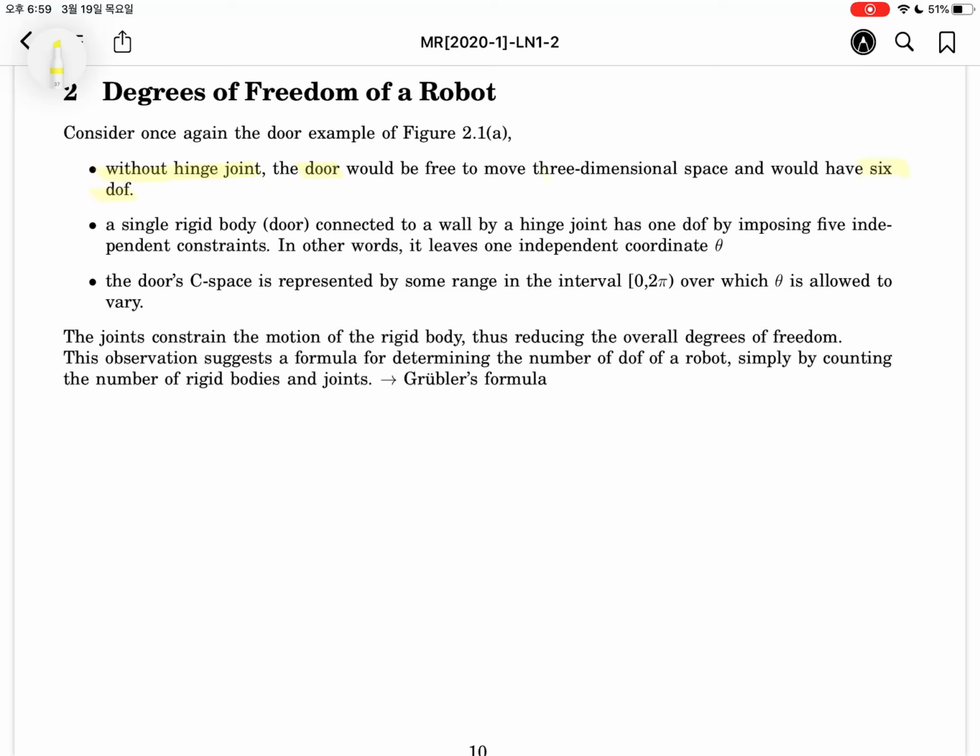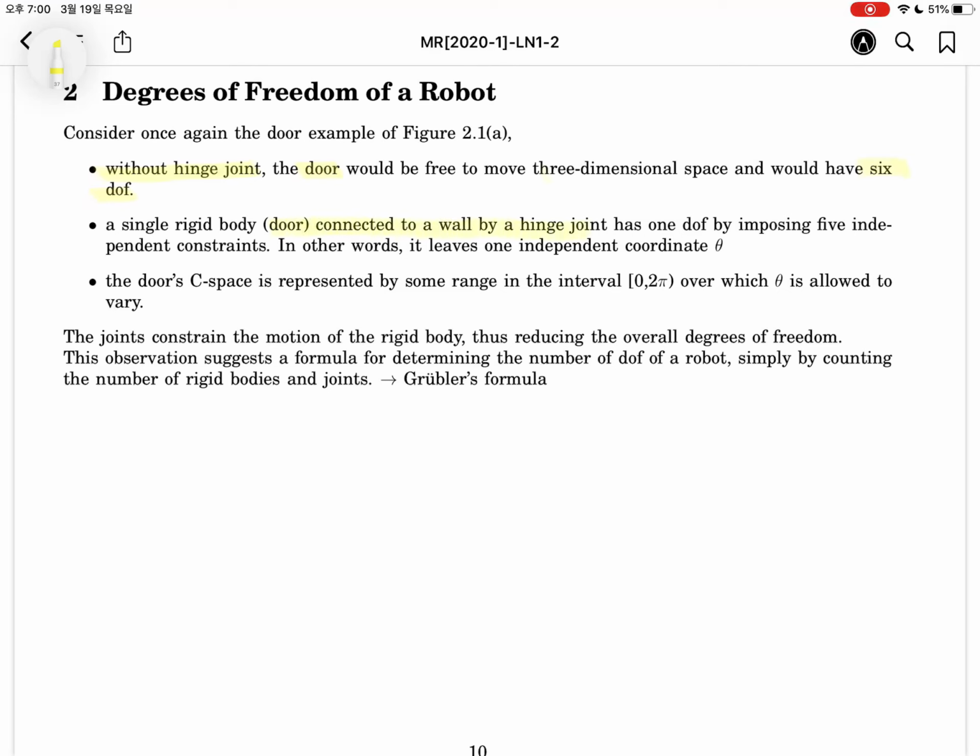It means the door is attached to the wall. At that time, the hinge joint provides just 1 degree of freedom. It means the hinge joint will provide five constraints to limit the motion.